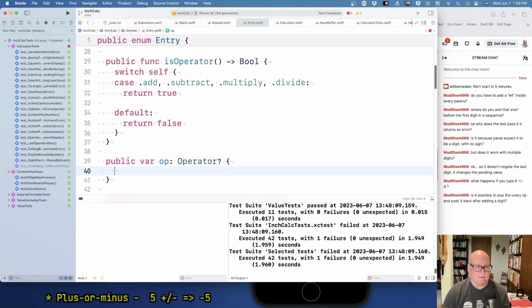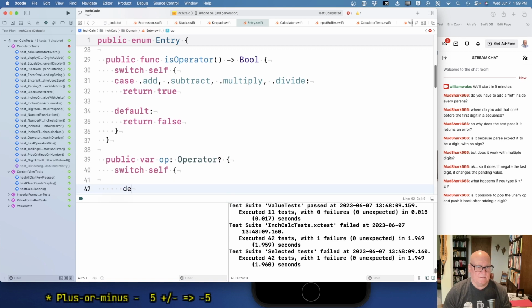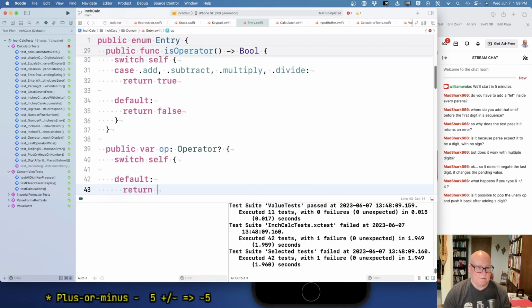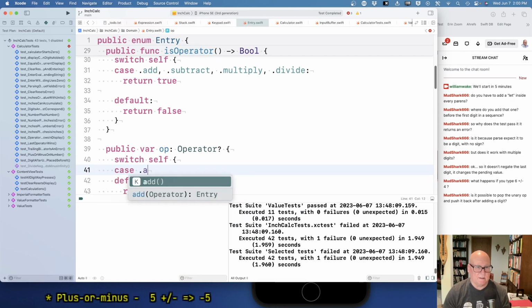His value is switch self, default is nil. And then these cases, case dot add.